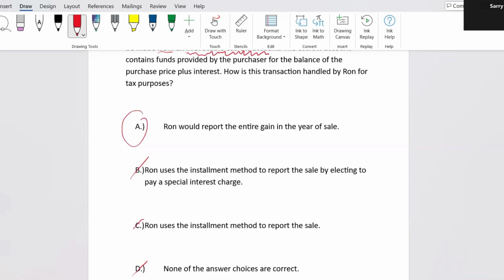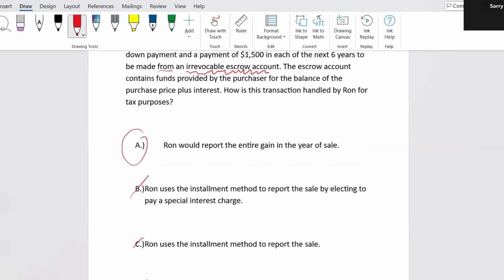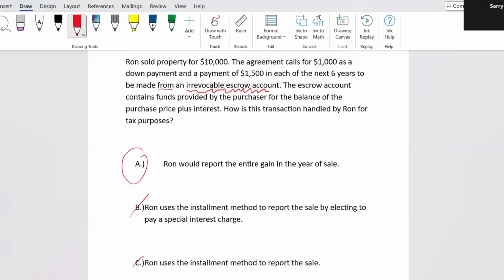And just remember, usually, if there wasn't an irrevocable escrow account, then what he would do is take his basis versus the gains. So let's just say, for example, he bought the property for $9,000 and then he sold it for $10,000. His profit is 10%. So if he received a $1,000 down payment, 10% of that would be capital gain for him in the year that he received it.